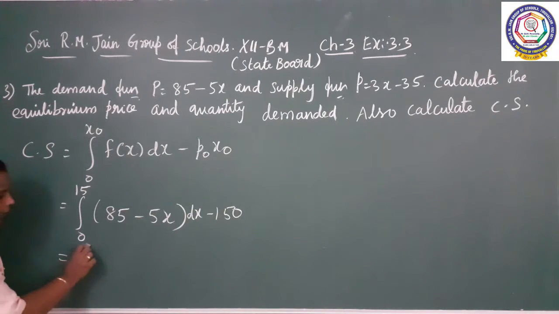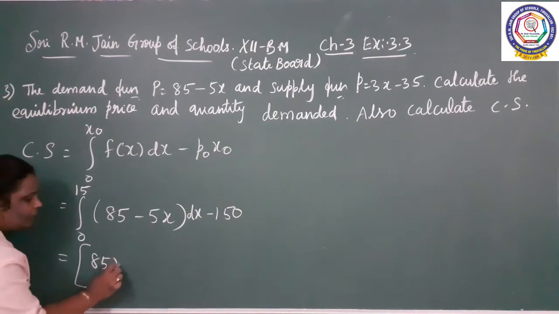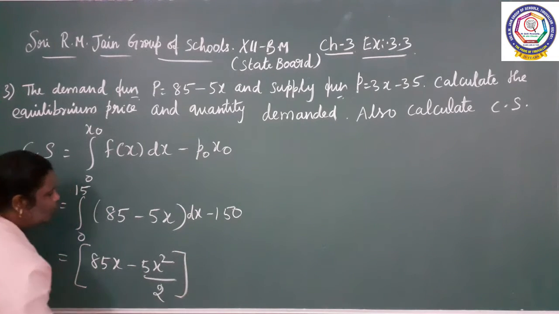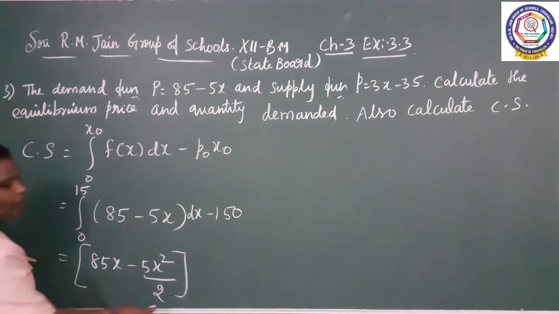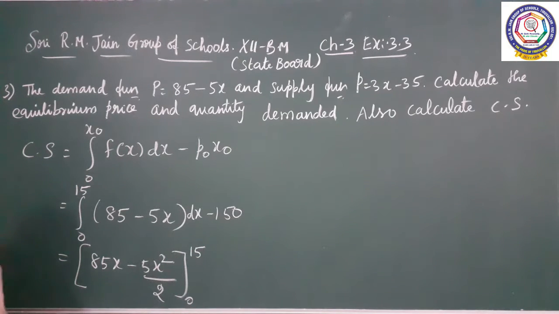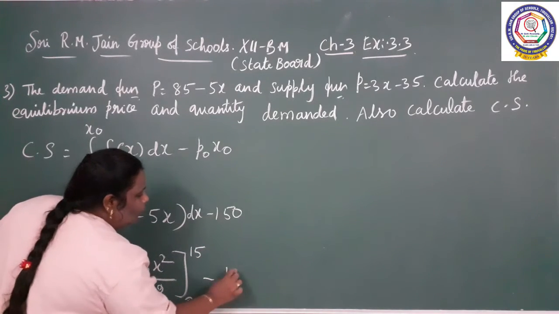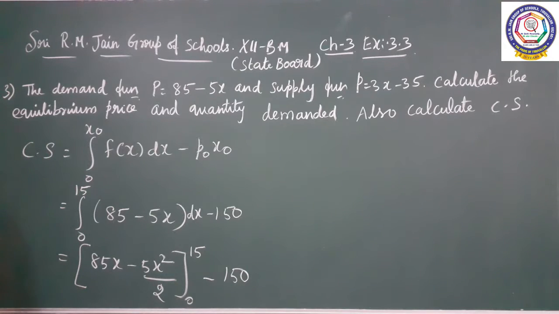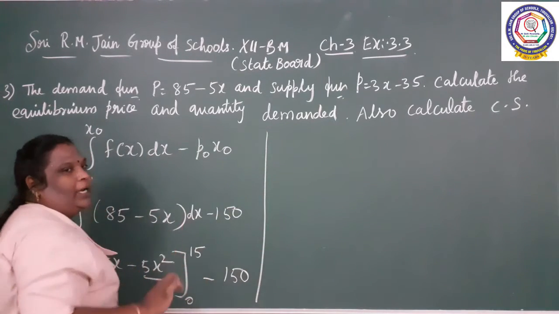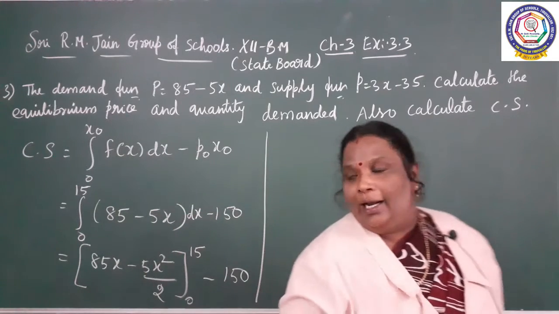Now we are going to integrate the value: 85x minus 5x square by 2. What is the limit? 0 to 15, minus 150. Now you can substitute the upper limit minus lower limit.